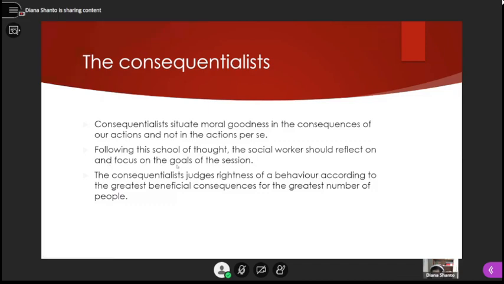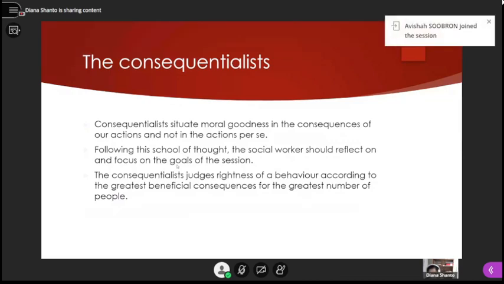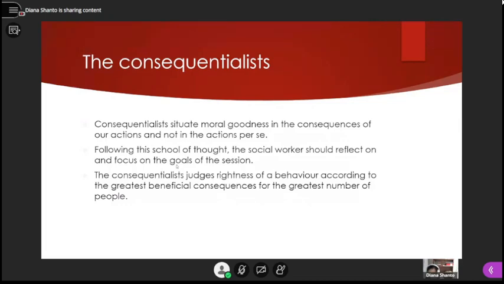Parce que the goals of a session, est-ce que l'approche qu'on prend will lead to the goals of a session? If the goal, par exemple, of a session is to help the client clarify or help them with their relational issues, c'est-à-dire l'approche qu'on a, ça doit mener à plus de clarté dans la perspective. Donc, we should reflect on the goals of a session.